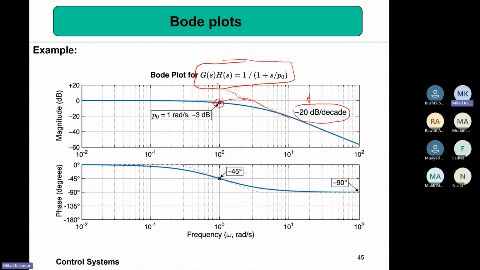And the phase for the single pole, as we mentioned, starts from 0 and goes to negative 90 degrees. In the middle, at the pole, it is negative 45, right? So initially we go like this, sharp, but we make it more accurate, starting from 1/10 of the pole to 10 times the pole, like this.